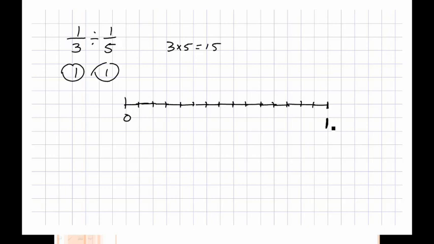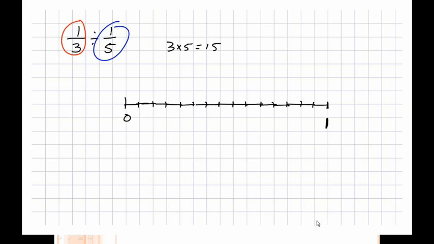Now, where are these numbers located on our number line? Keep in mind, we said this first number is our dividend, and the second number is our divisor. Well, if I have 15 sections and I want to break those sections up into thirds, then each section is going to have 5 pieces.